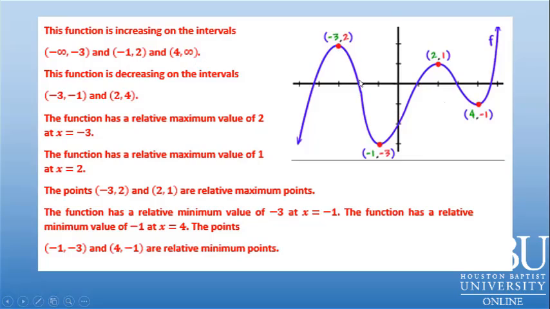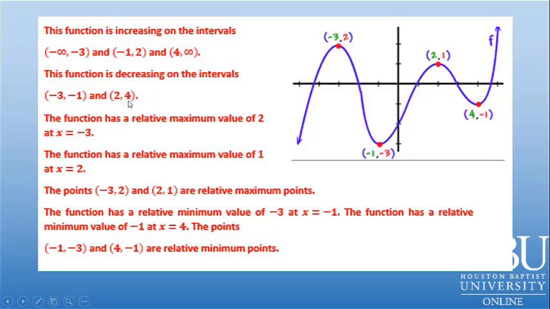The function is decreasing or going down from left to right as the x coordinates go from minus 3 to minus 1. It's also decreasing as the x coordinates go from 2 to 4. So the function is decreasing on the open intervals minus 3 to minus 1 and 2 to 4.